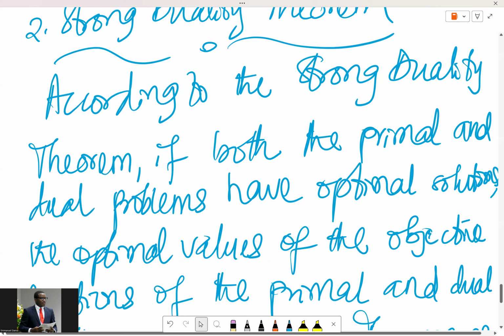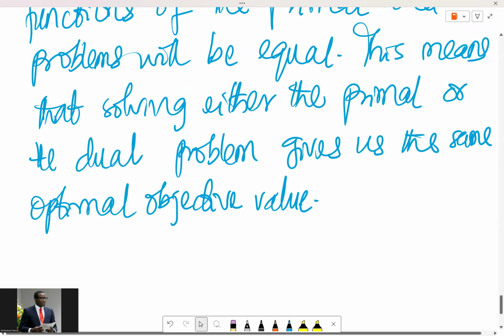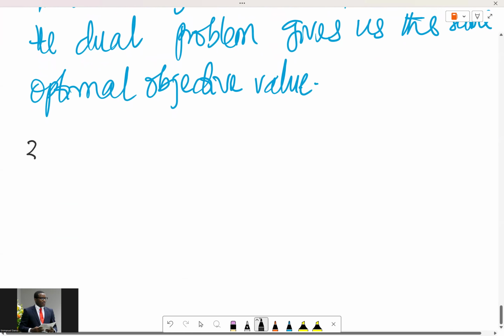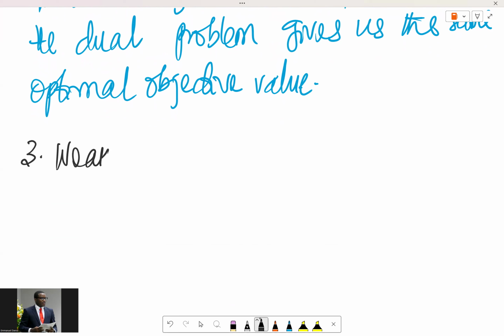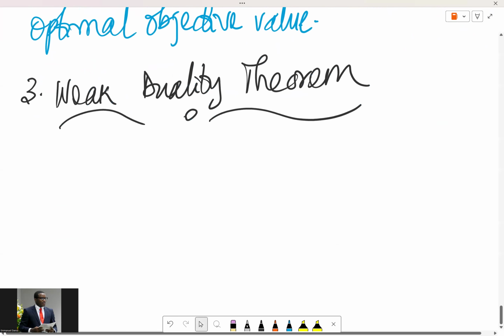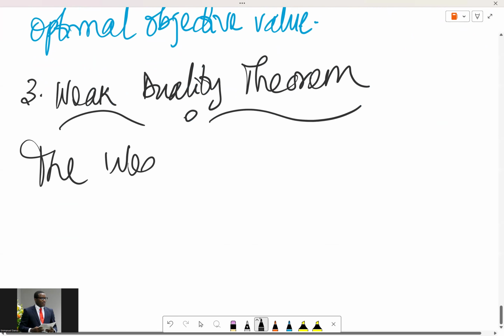Okay, so we can then have the third significance, and that's related to the weak duality theorem.